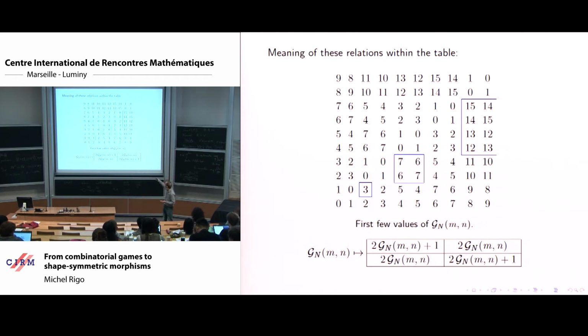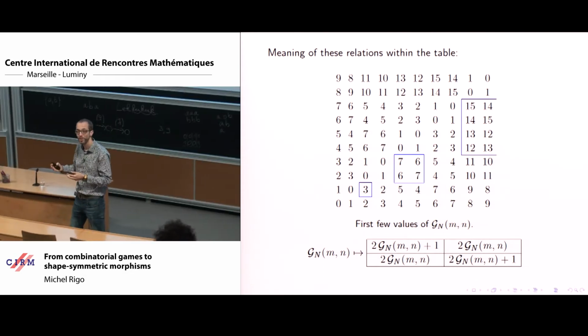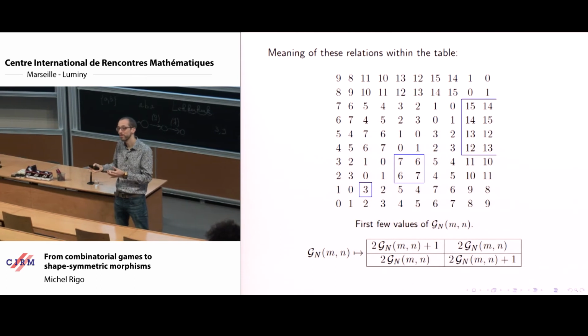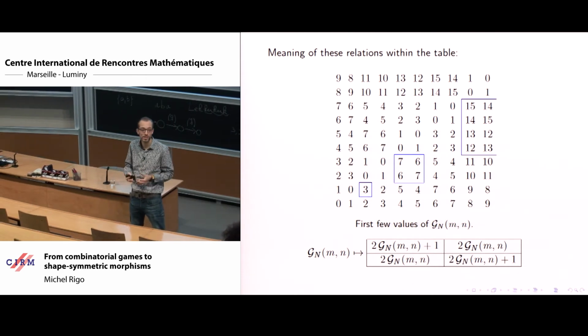For instance, why do I get 12, 13, 13, 12? It comes from this 6. So this 6 will produce this block, this 7 will produce that block, and so on. This 0, for instance, will produce this block 0, 1, 1, 0, and so on and so forth.